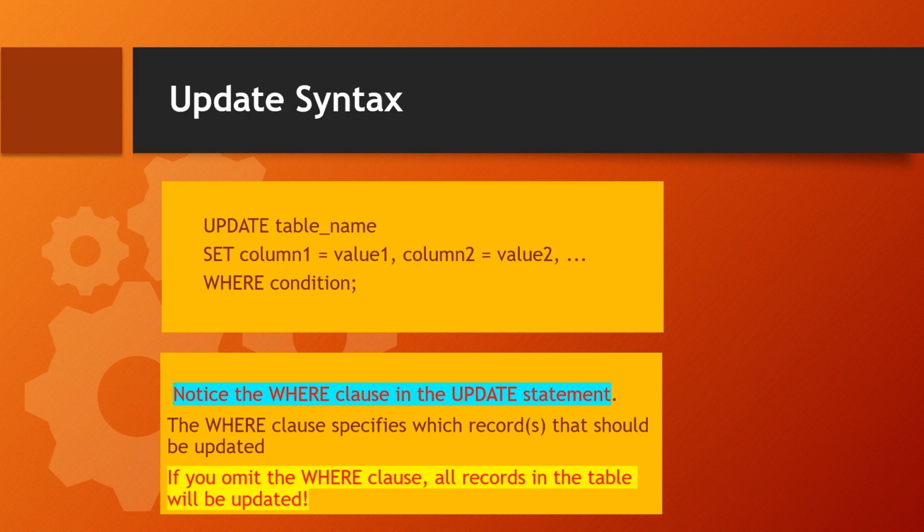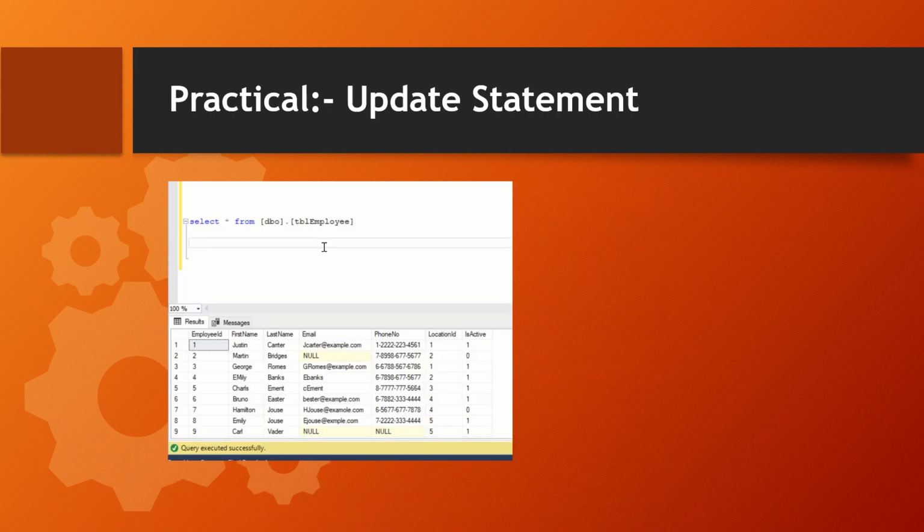And one more thing you have to notice: the update statement works with the where clause and without the where clause. So if you are using the statement without a where clause, be careful, because it is going to update or modify your complete table with the given values which you are passing into your statement.